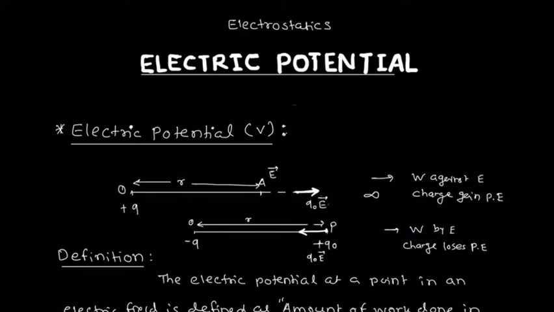Secondly, if we say that the point charge is negative, it also surrounds the region of electric field. But what is the direction of electric field? It is directed towards that charge.